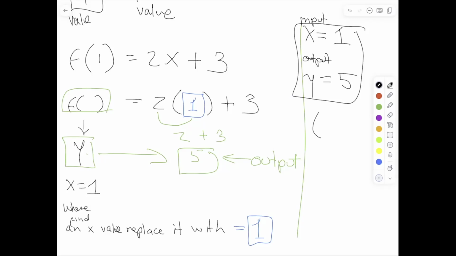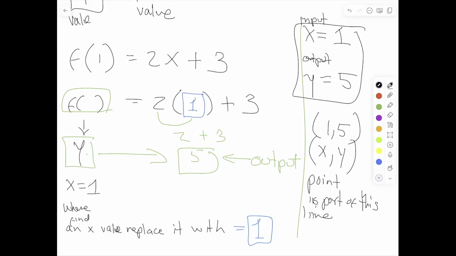These two values will create a point, x and y. And what that means is that this point is part of this line. What line? Well, the line is y is equal to 2x plus 3.